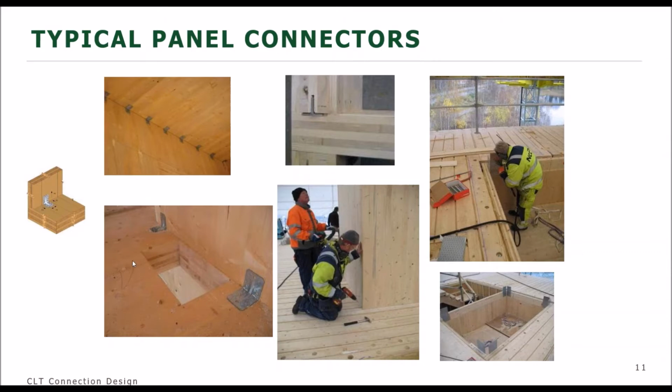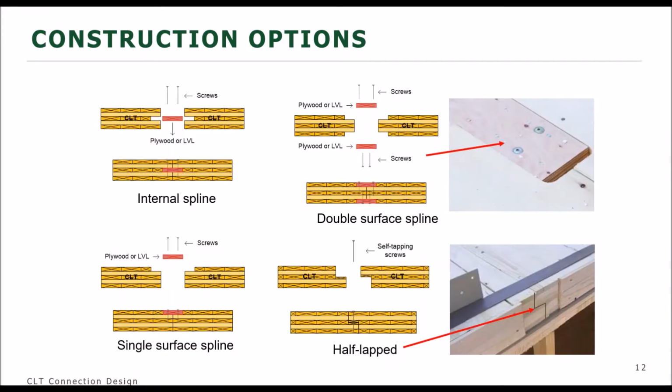And you see these types of steel angles. This one on the bottom in the middle here is a really long lag screw that's being installed at an angle. So, these are typically connections that do go in very quickly. The ease of installation is a benefit of mass timber.